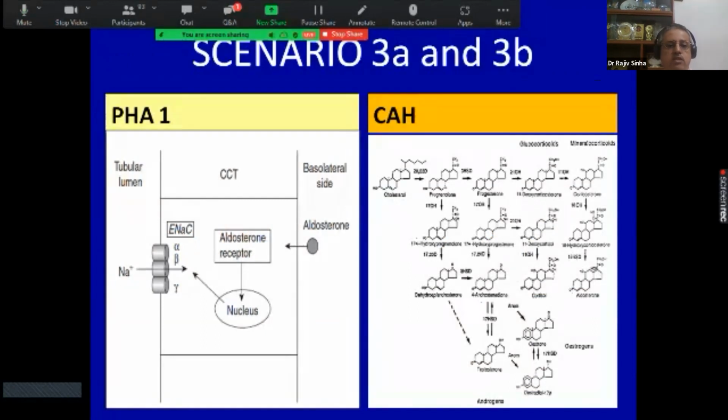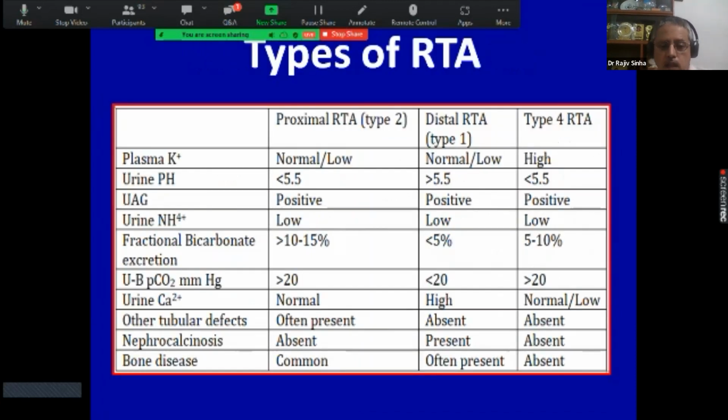So the first child was PHA 1, which is because of the ENaC mutation, where the aldosterone is there, but it is unable to work on the receptor. And the second one is congenital adrenal hyperplasia.